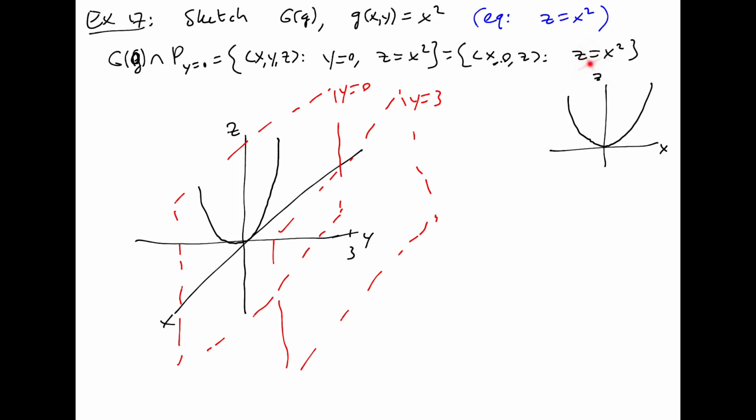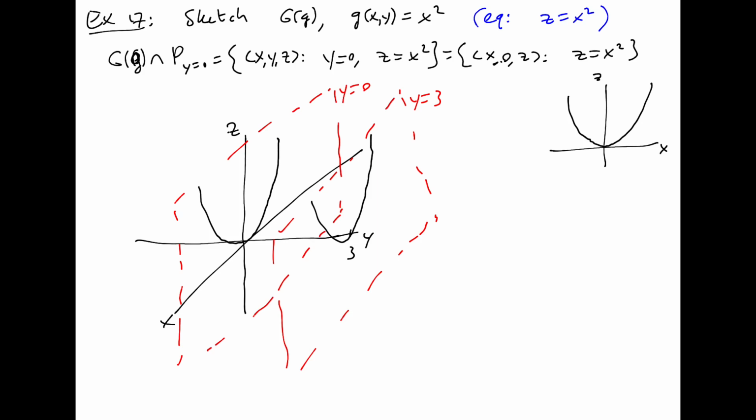So it doesn't care what value of y it is. And so that means that I will get the exact same picture, no matter whether y is 0 or y is 3. Because it does not depend on y, I will have a similar picture like this for y equal to 3.